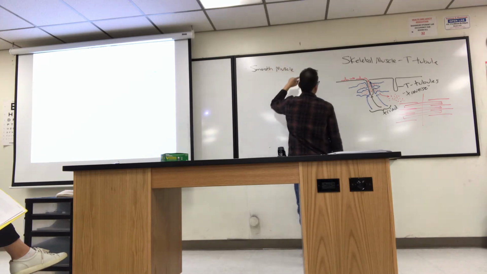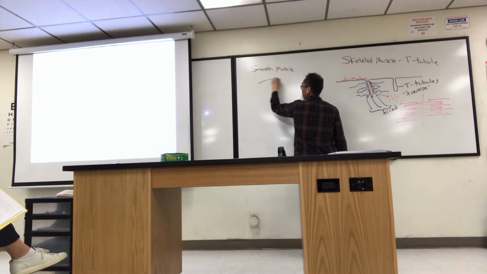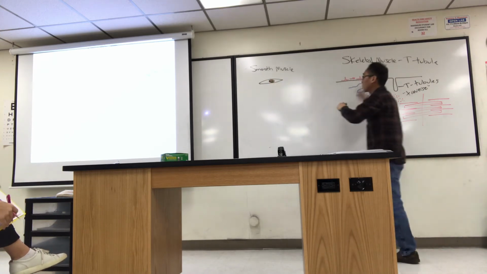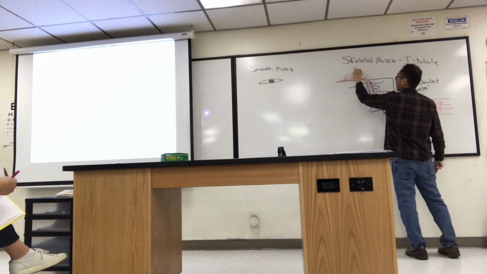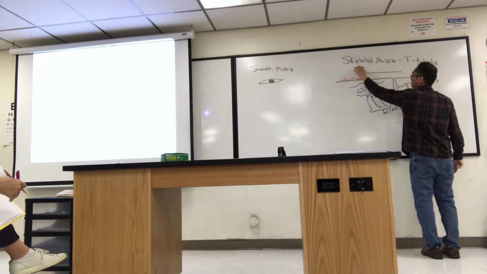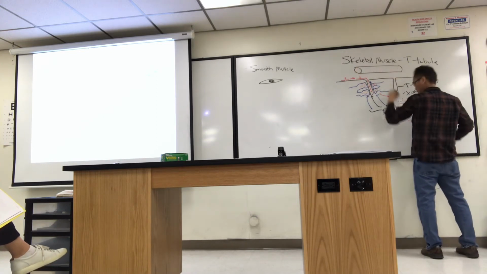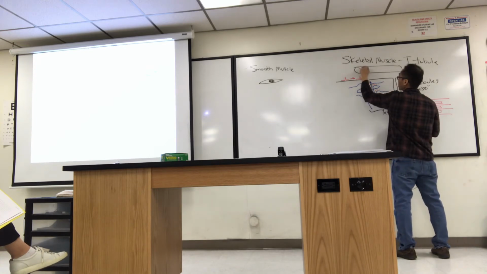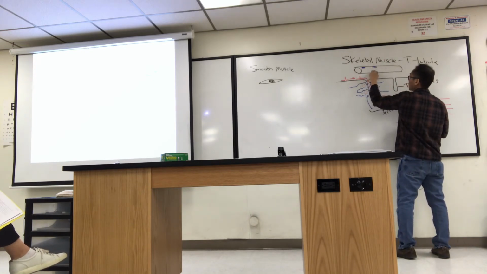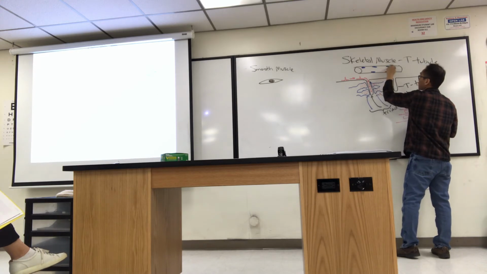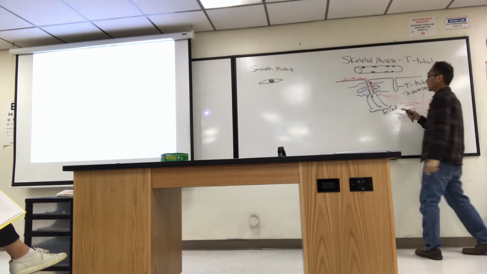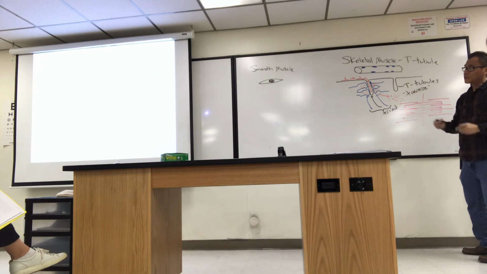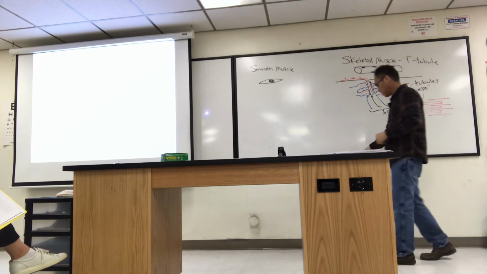In smooth muscle, you have a single cell with a solitary nucleus. In a skeletal muscle fiber, it's multinucleated. There's more an elongated cylinder shape. So let me draw like mini nuclei in there. It's multinucleated. If you look closely, it has these T-tubules. On the smooth muscle, if you look closely, it doesn't have T-tubules.